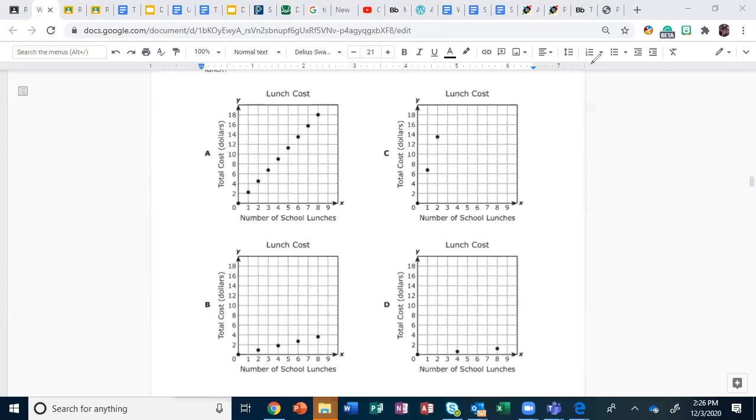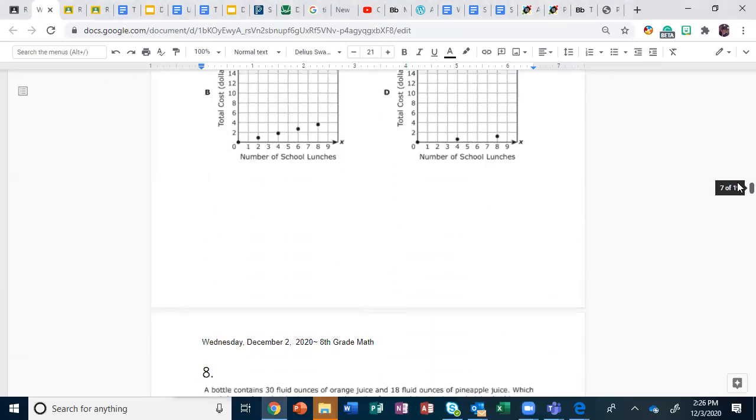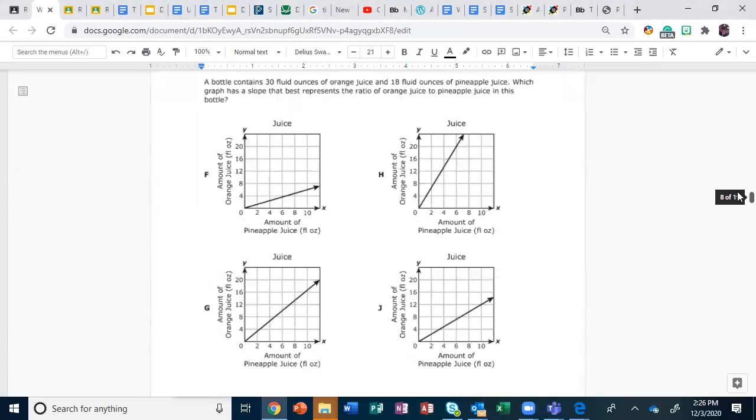Number 8. Question number 8, same type of question as the one that we just did. It says the bottle contains 30 fluid ounces of orange juice and 18 fluid ounces of pineapple juice. So what are we gonna do? Divide 30 divided by 18.